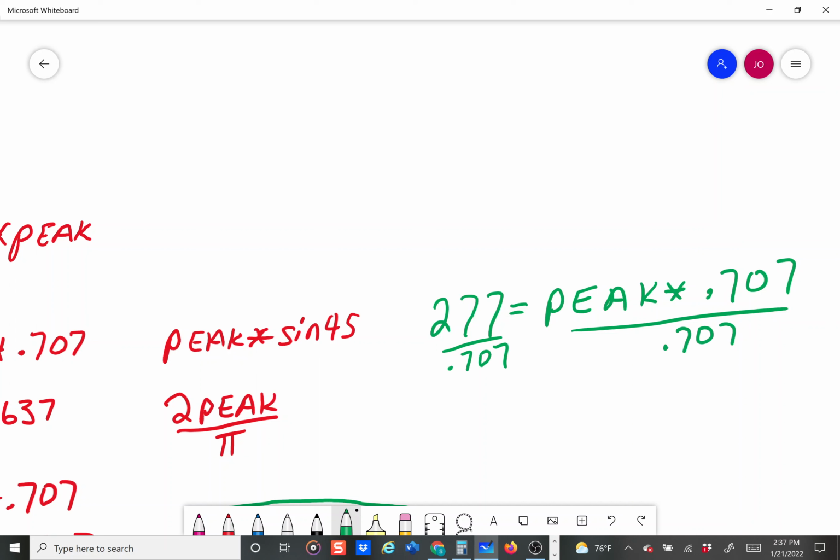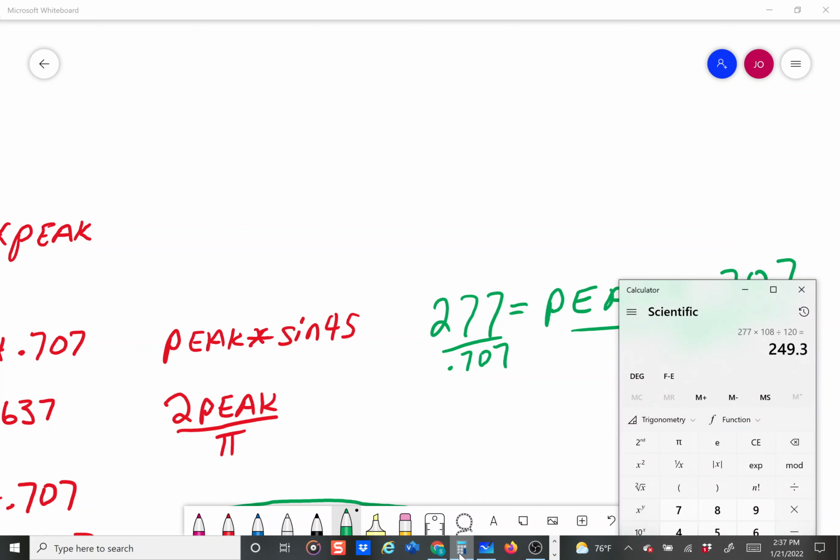And so when I do that, 277 divided by 0.707 gives me a peak value of 391.8. So we'll just write that 391.8.